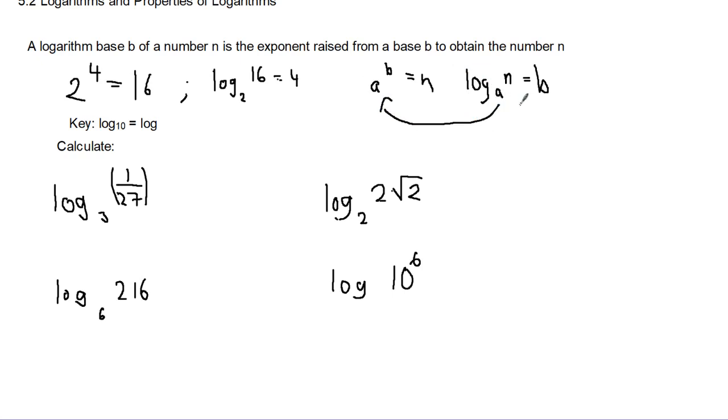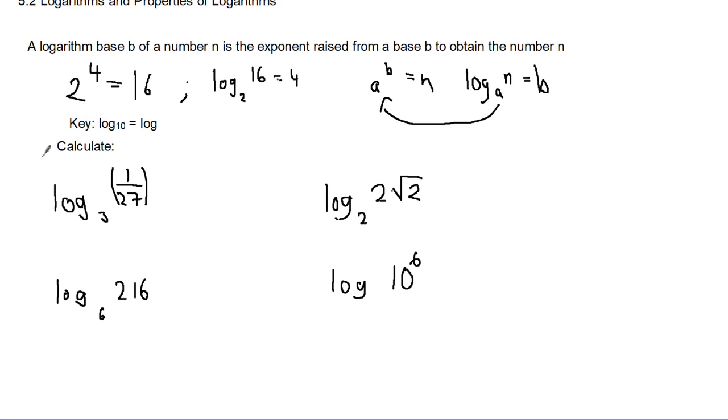Log base a of the answer is equal to b. So a to the b equals n. Then you rearrange, you switch the n and b, and you put log in the beginning. So log base a of n is equal to b.